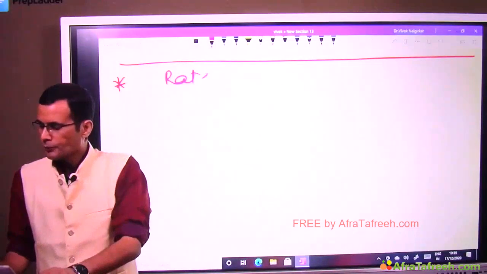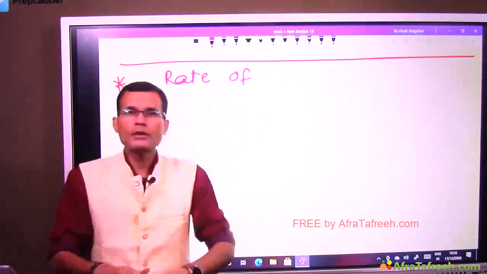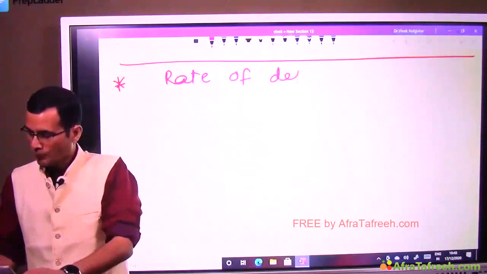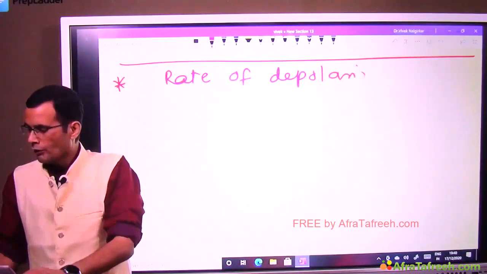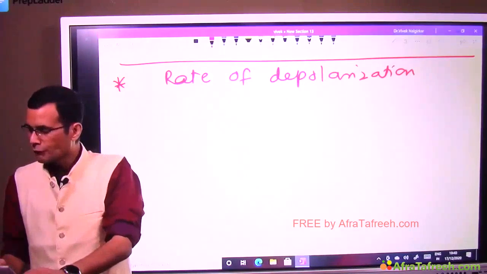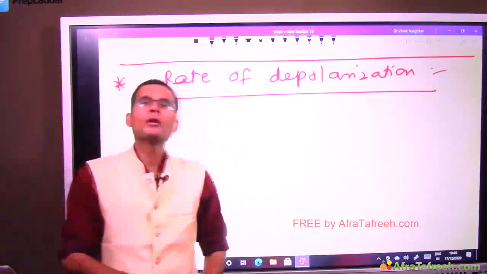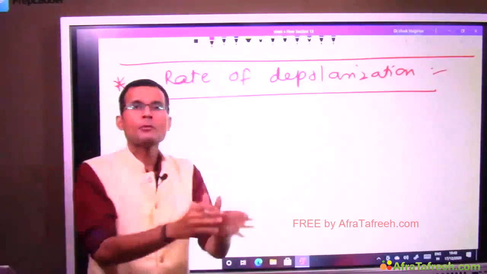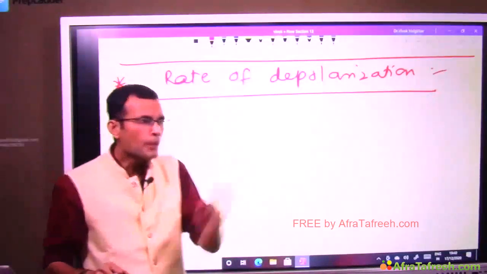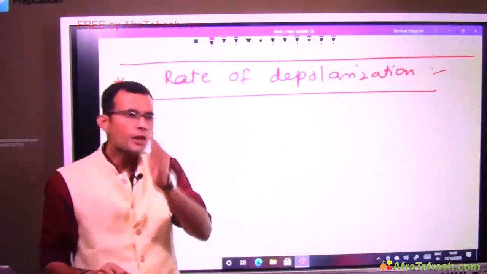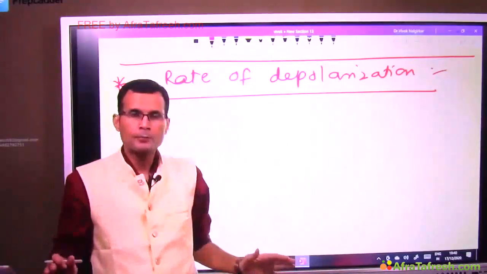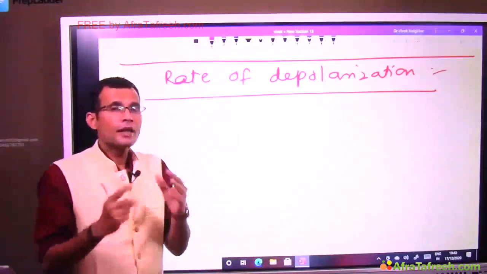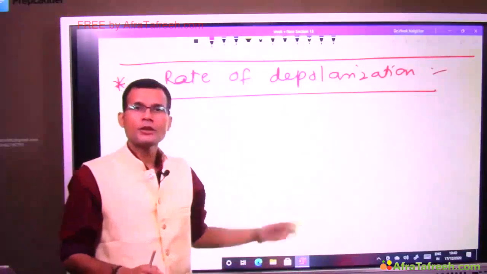Let's see first, what is determined by the rate of depolarization? I have been saying this since general physiology and nerve muscle. If you remember, the impulse means depolarization. When we say the impulse is traveling, it's the depolarization which is traveling. So what is decided by the rate of depolarization in any part?